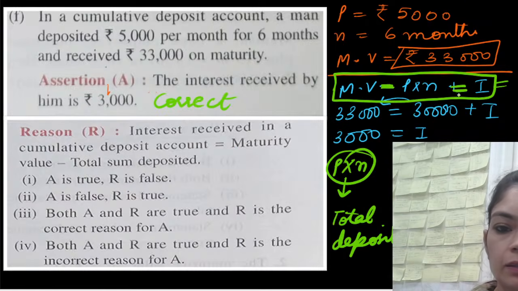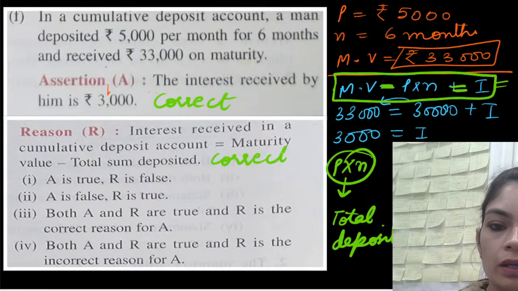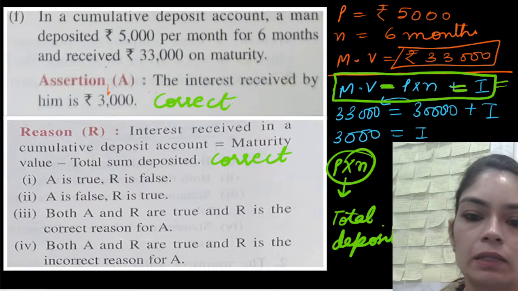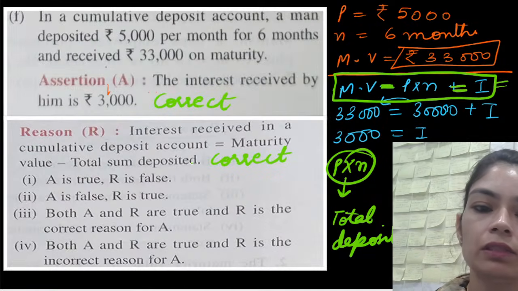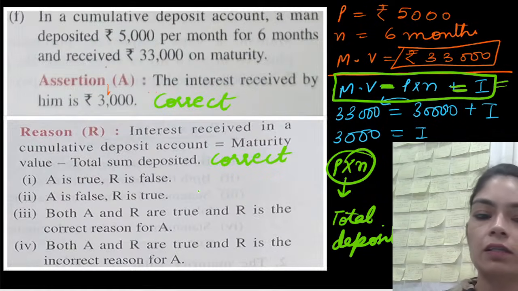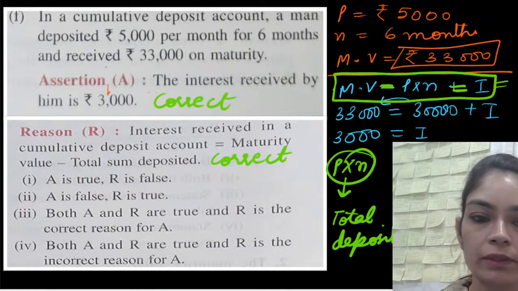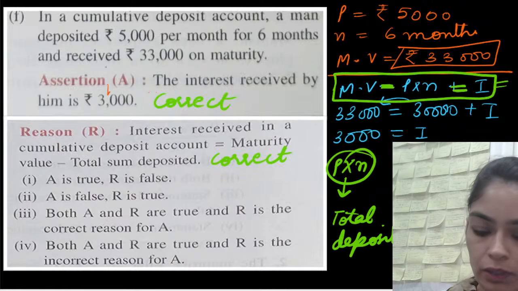So you can see here both the statements are correct, and for solving the first one we are making use of the second one. See, we are solving the value of interest by using the formula which is given to us in the second. So that means which statement should be true? Which option should be correct?